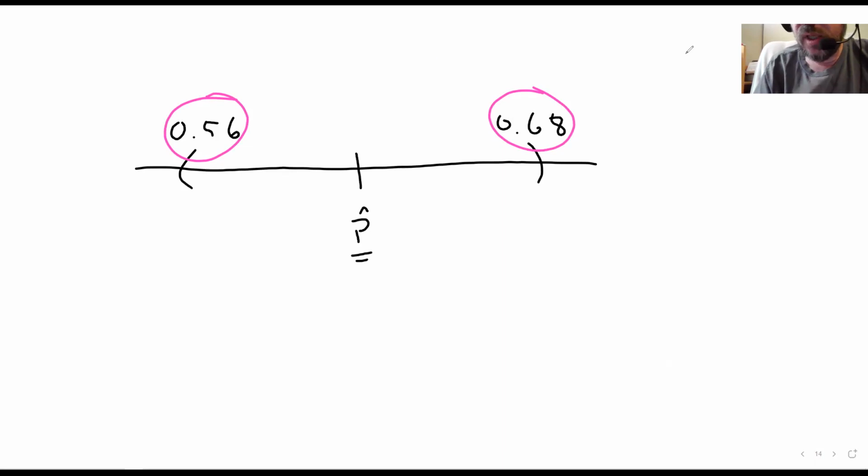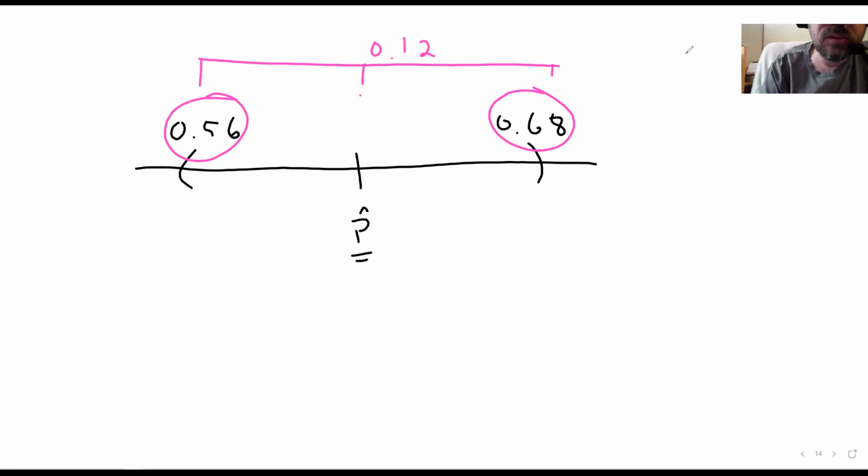Another way you can do it is you can say, well, 0.56 and 0.68 are 0.12 units apart, right? It's 0.12 from here to here. So if I break that up into two equal pieces, that's 0.06 in each half.